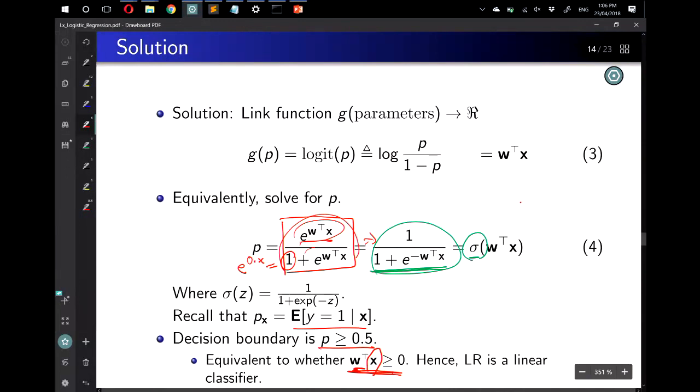This is the decision boundary, which means if it's greater than 0, you predict y equal to 1. Otherwise, it's y equal to 0. Okay, if you just want a prediction label without the prediction probability, that's what you need. And from this, we conclude that logistic regression, although it uses nonlinear transformations, is a linear classifier, because its decision boundary is purely a linear line, or linear hyperplane in the general case.